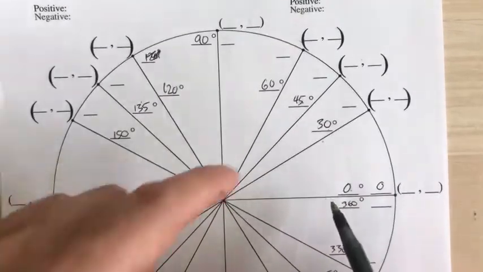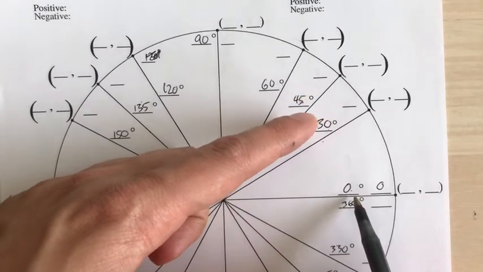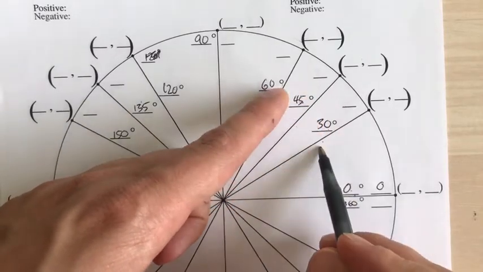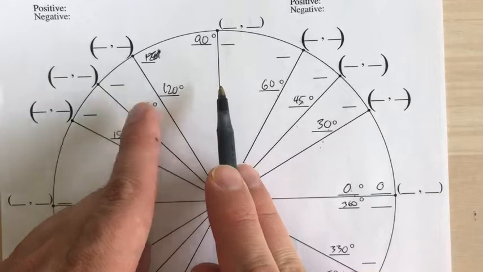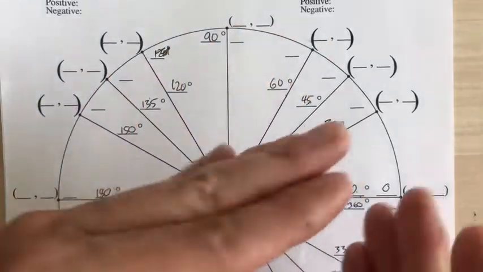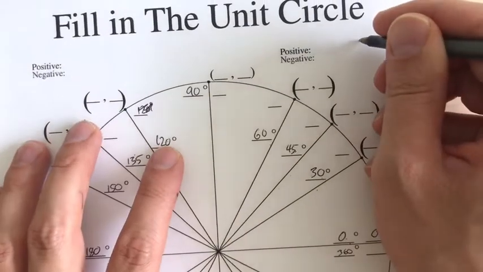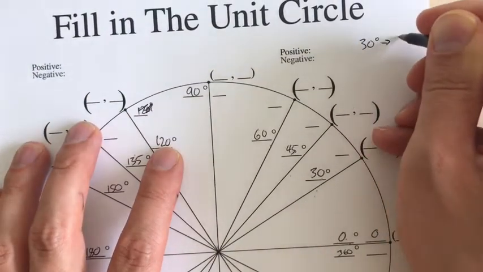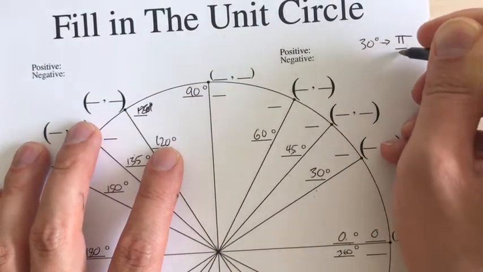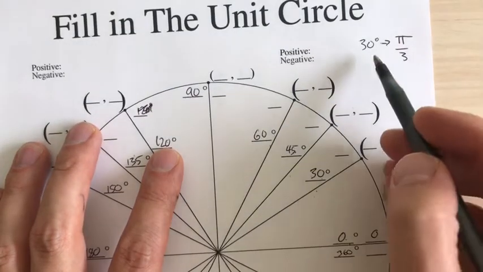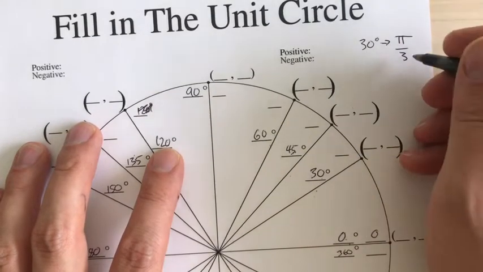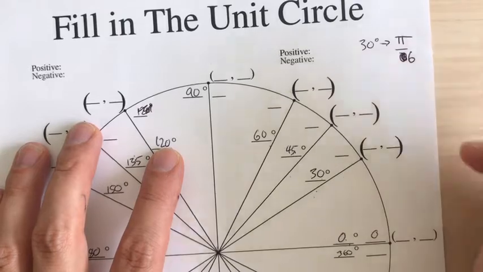But if you remember from last time, each of these sections, again, bigger sections, is going up by 30 degrees as we rotate around that angle, as it's getting bigger and bigger. 30 degrees, if you all remember, is pi over 3, because 30 degrees, my bad, pi over 6.